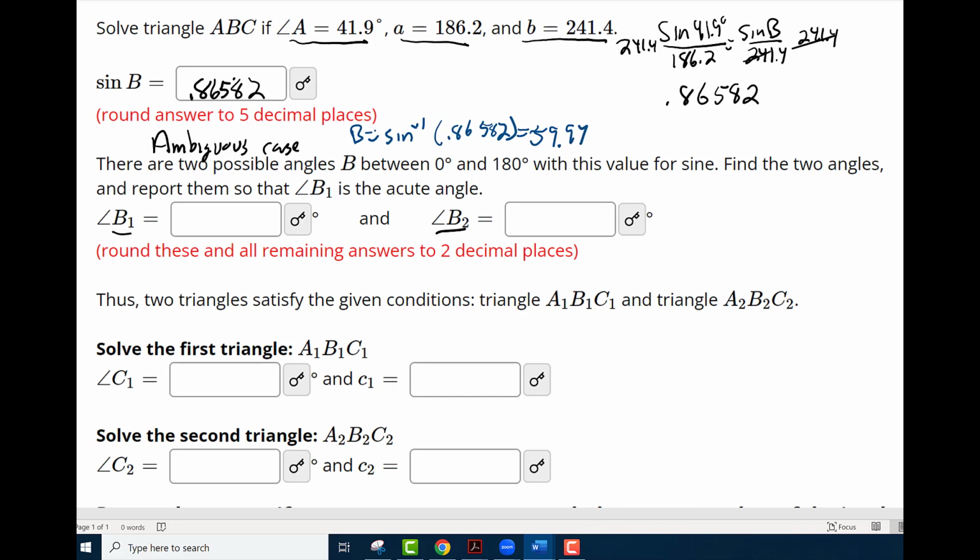Let's go to 2 places the way they do in the book or on the homework assignment. So 59.98.